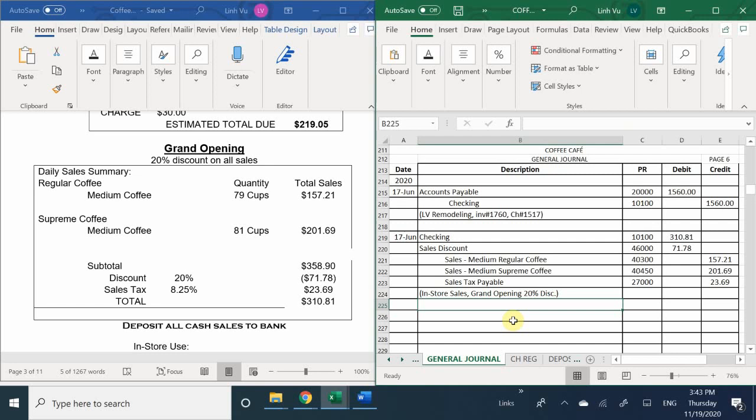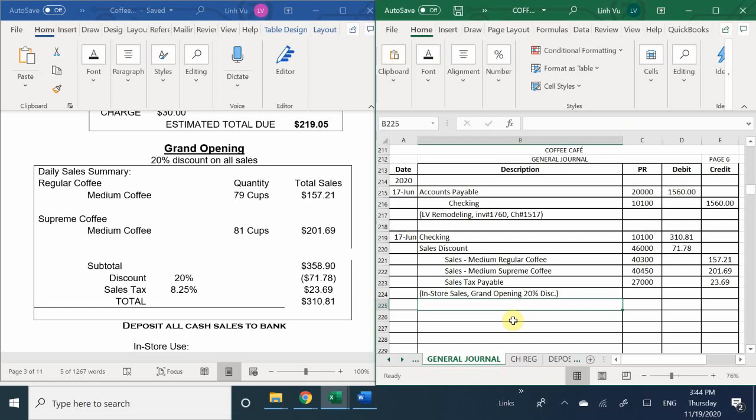The columns equaled 382.59, but our invoice shows a subtotal of sales of 358.90. So 358.90 plus 23.69 is 382.59. If you add the subtotal and the tax, it's 382.59.